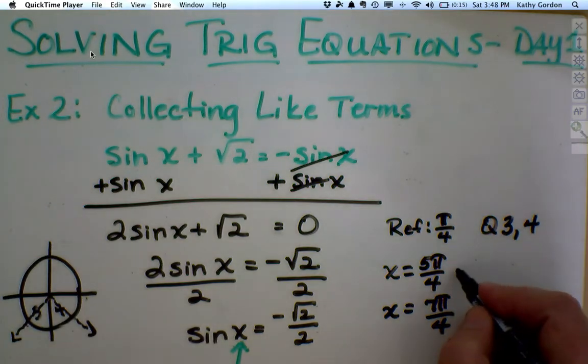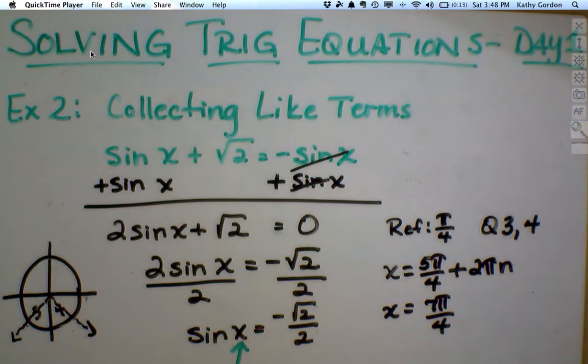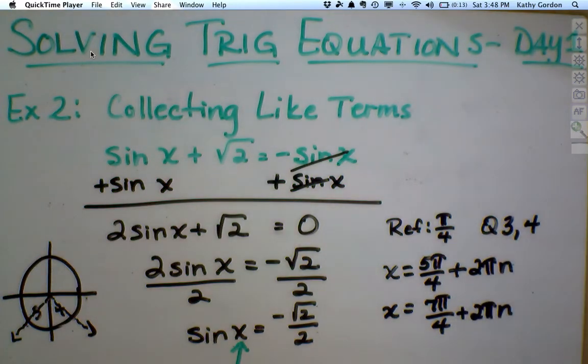So we do that by saying we're going to add 2 pi n to both of these answers. Why 2 pi n? Because 2 pi is the period for sine.